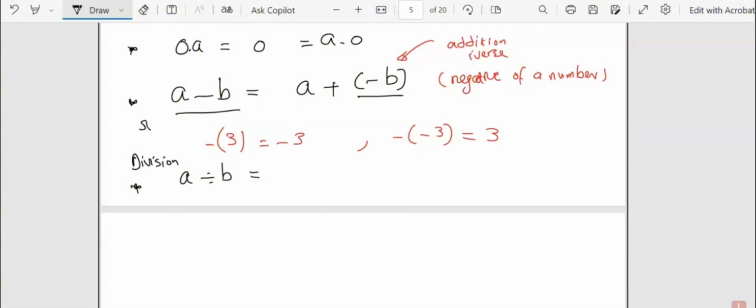It's just the multiplication of a by b inverse, and we agree that for b inverse, we just flip the b, over b, and then it will be a over b. And b is not equal to 0, we don't divide by 0.